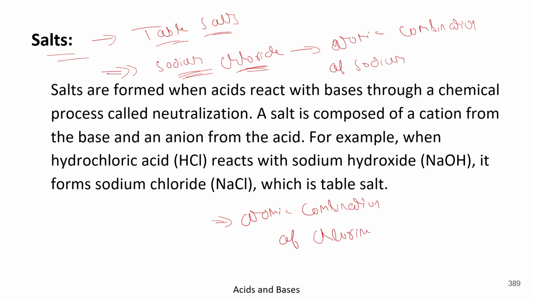So this is the basis behind the formation of sodium chloride. If it is sodium and it is chlorine, and when they both combine, they form sodium chloride. Got it? So it is the basic property of formation of sodium chloride, and sodium chloride is basically used in our common households. Got it?